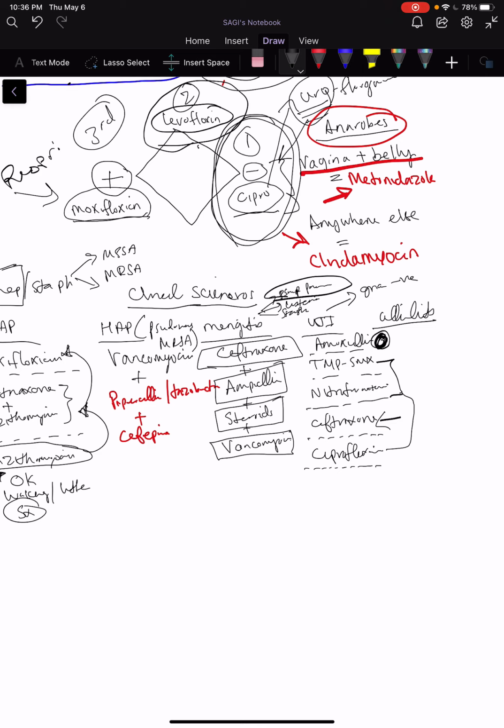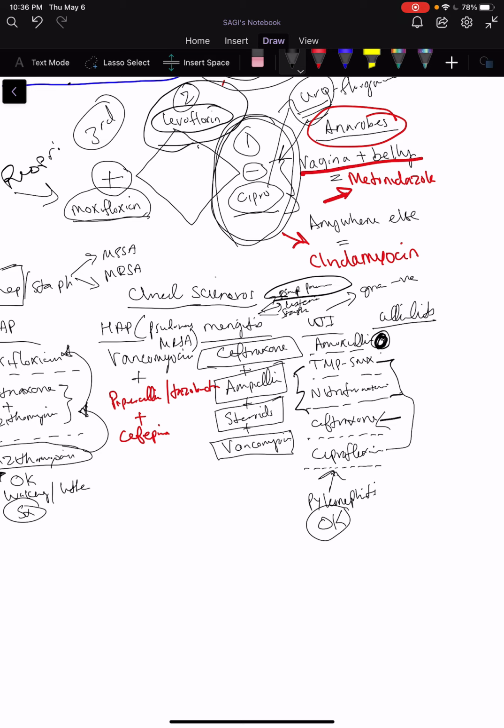So ciprofloxacin, nitrofurantoin, or trimethoprim-sulfamethoxazole you can use, but this is generally used for patients with pyelonephritis that are okay and do not need to be admitted. If you have somebody with severe UTI and pyelonephritis, but they're able to go home, send them home with ciprofloxacin. If it's just a simple UTI, just Bactrim or nitrofurantoin.